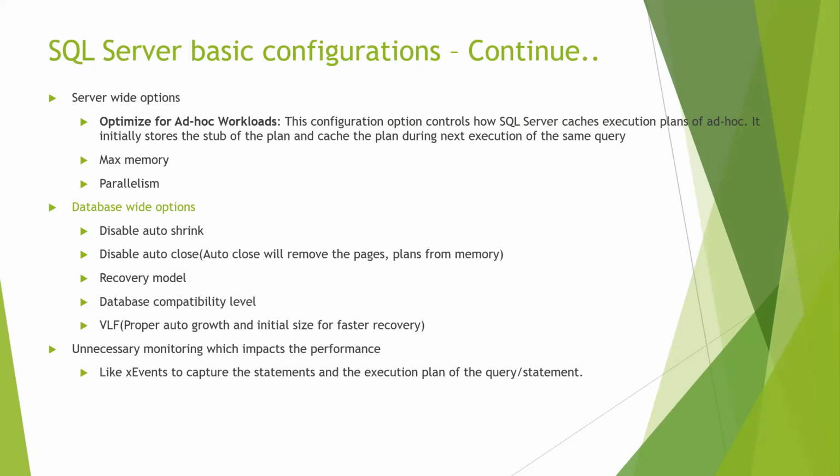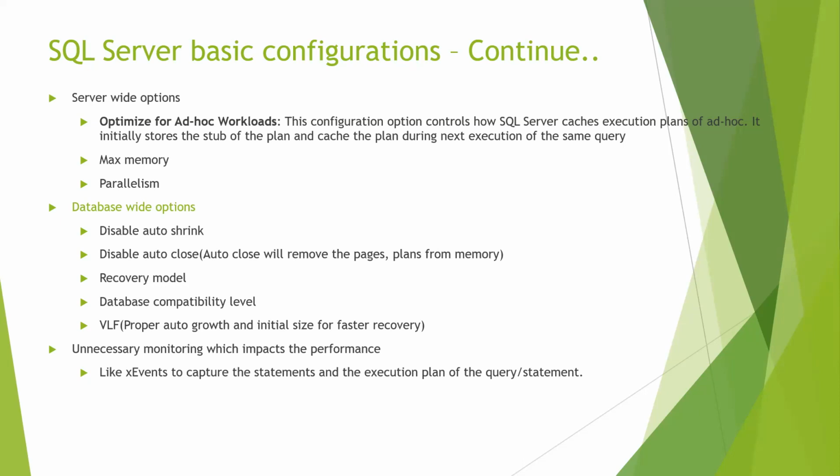So if you are executing a high ad hoc workload, then what will happen? You will end up seeing that the plan cache is bloating, right? Plans, everything keeps getting written into the plan cache.